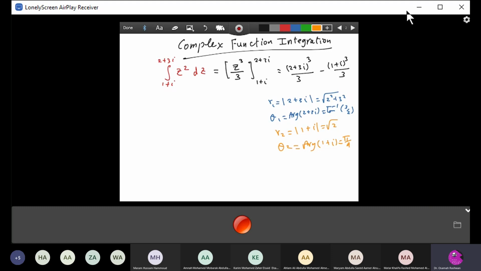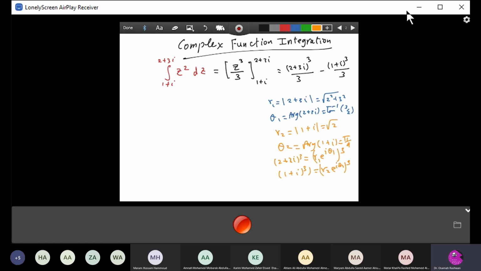Once I have this, if I have 2 plus 3i to the power 3, I write the first one as R1 e to the i theta 1, all to the power 3. Also, 1 plus i to the power 3 is exactly like R2 e to the i theta 2 to the power 3.